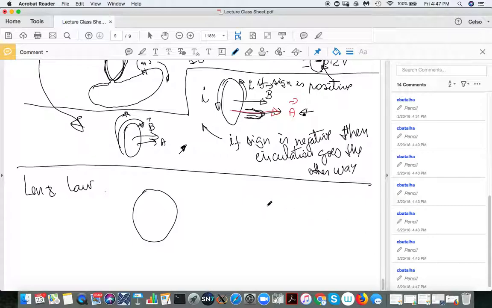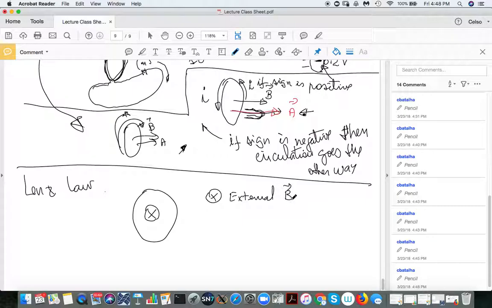But Lenz's law is basically, let's say in this loop over here, we have a loop, and let's say we have an external magnetic field that goes into the loop. This is the symbol of an external magnetic field.